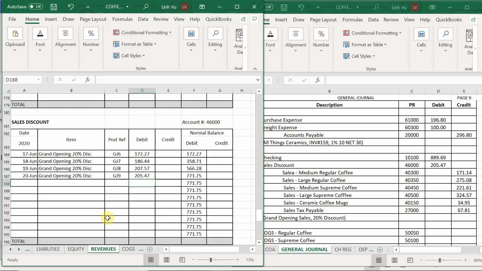I gotta fix this. Somebody else can go from here. Okay, so in this case, if you're missing numbers or your formula is not working, you should have a total of 771.75.